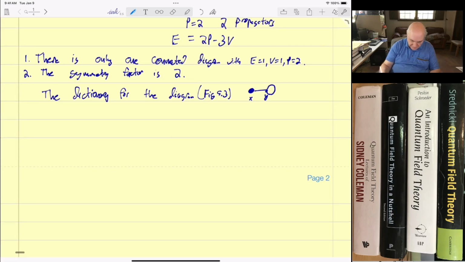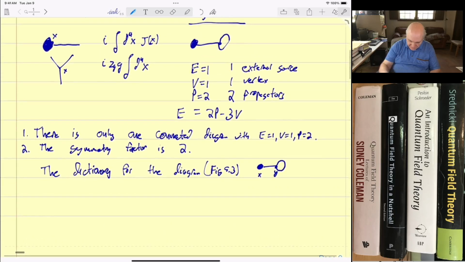So let's write down the dictionary for this diagram. Using what we have above, first we'll start with the source. We're going to have an i term, the integral of d4x, j of x, and then we're going to integrate over the point y as well, d4y.